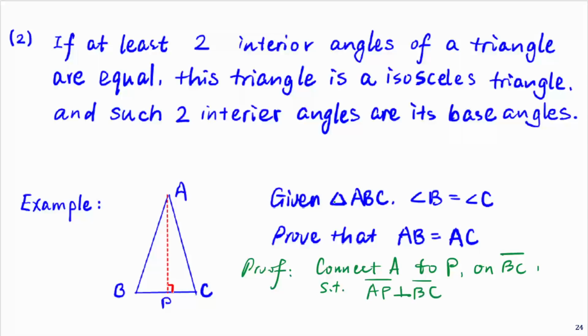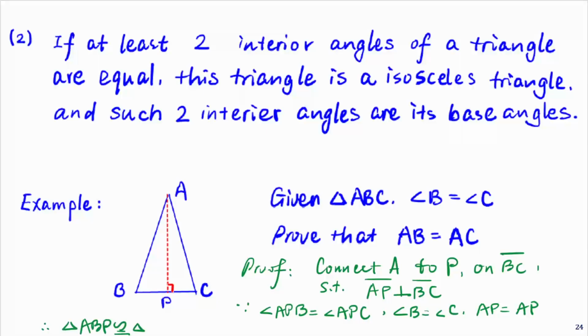This is also doable, right? And because angle APB equals angle APC, angle B equals angle C, AP equals AP, we have triangle ABP must be congruent to triangle ACP by AAS, right?